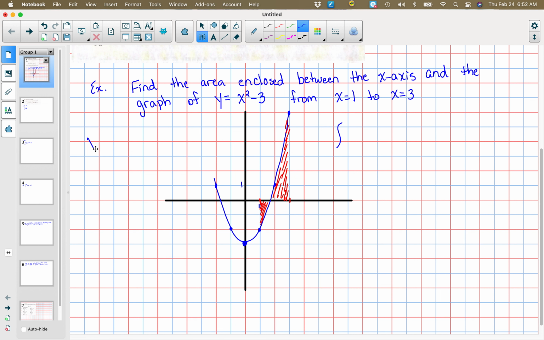So on this one, if I find the 0, so x squared equals 3, so x equals, notice it'd be plus or minus the square root of 3, but I'm only interested in the positive.